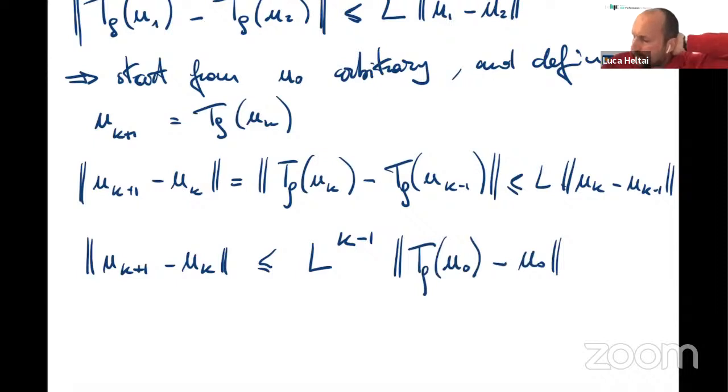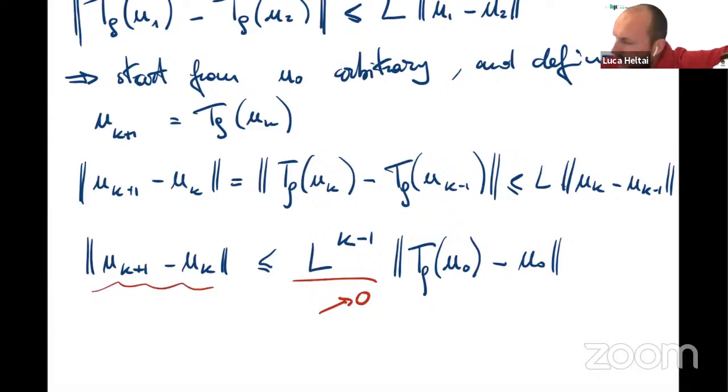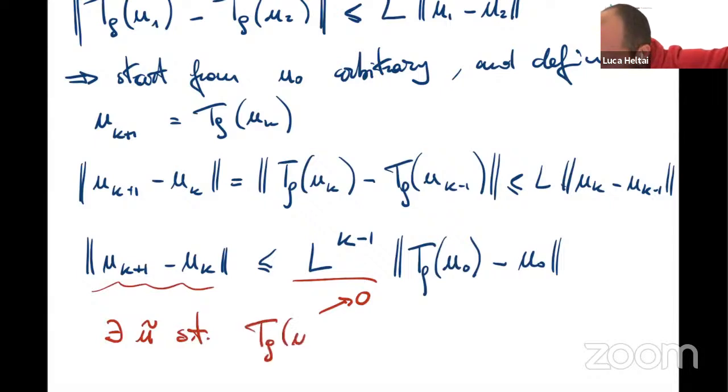And now, if L is such that L to the power k minus 1 goes to 0, which means L is strictly smaller than 1, then this is a Cauchy sequence. And if it's a Cauchy sequence, there exists a u such that T rho of u is equal to u.